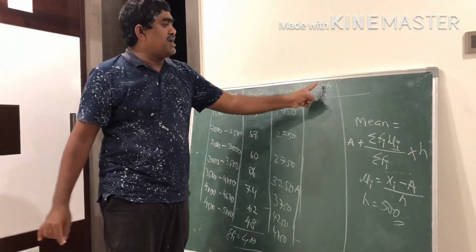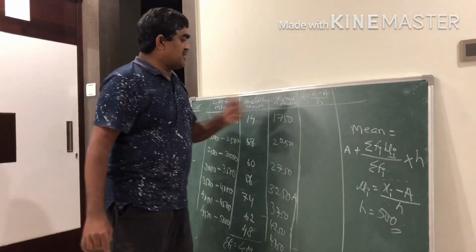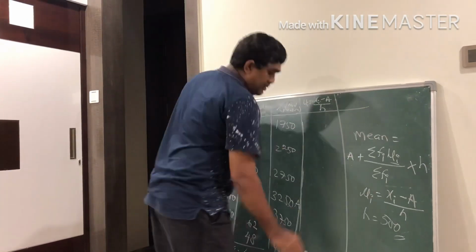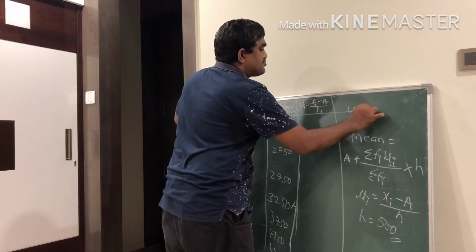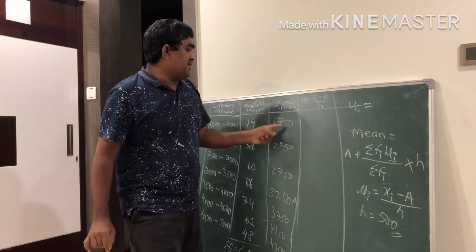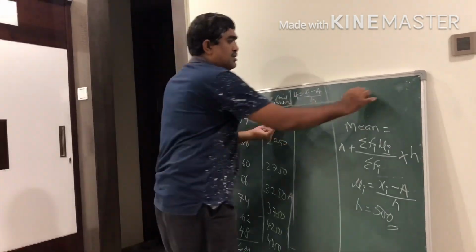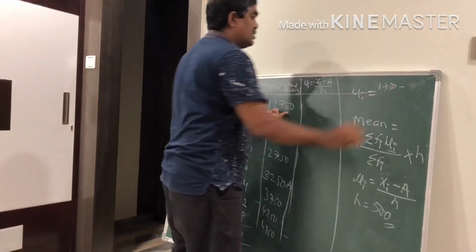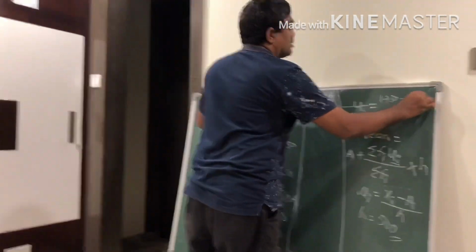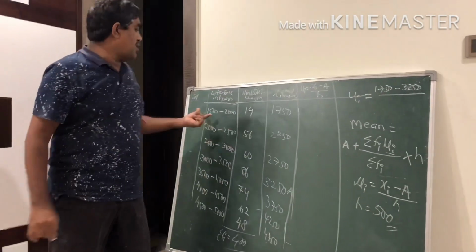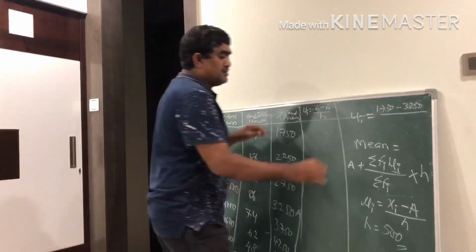Now you calculate mu i. The formula is xi minus A by h. For the first one, I am writing the formula for you. Mu i: first xi is how much? 1750. What is A? 3250. By h, which I already decided, the length of the class, 500.